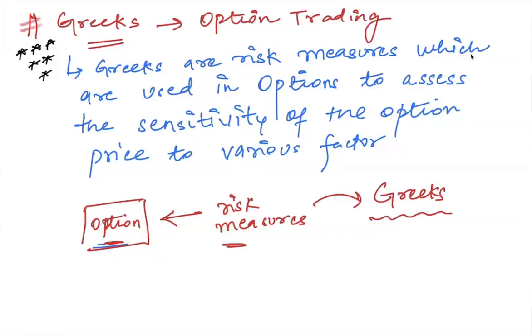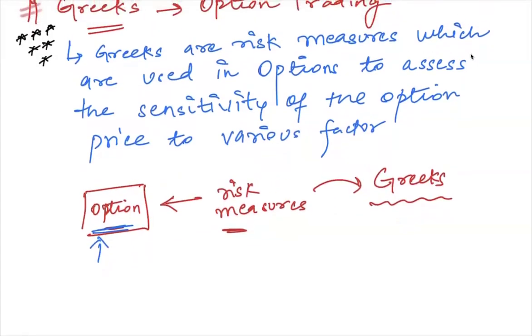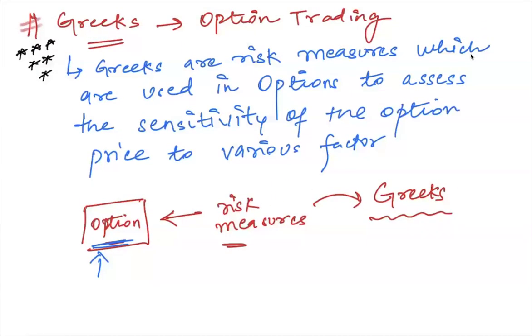So this is the option contract. What we are trying to say is, let's understand what all factors affect this option. By definition, it's used to assess the sensitivity of the option price to various factors. If I want to give you a simple example, certain people might be sensitive to certain things, right?